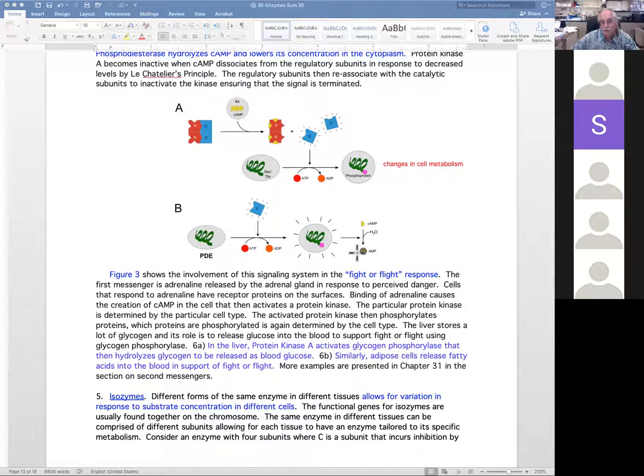If you are a liver cell, one of the enzymes that you have a lot of is glycogen phosphorylase. So that will become a target for the phosphotransferase. Put the phosphate on here, now it's active. What does this enzyme do? It breaks glycogen down to glucose, and then you can release it to the bloodstream, and then you get superhuman powers. For a little bit.